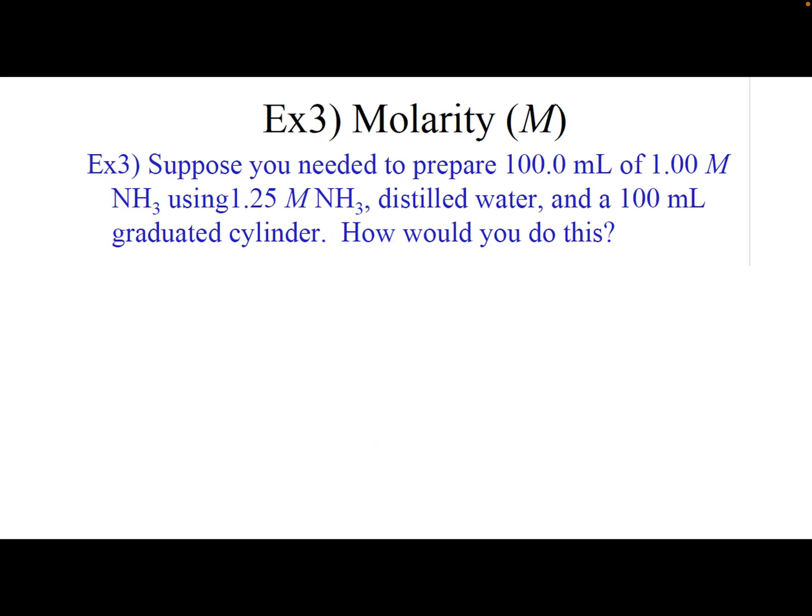Suppose you need to prepare 100 milliliters of 1.00 molar ammonia using 1.25 molar ammonia, distilled water, and a 100 milliliter graduated cylinder. How would you do that? Now, I like to use M1V1 equals M2V2.